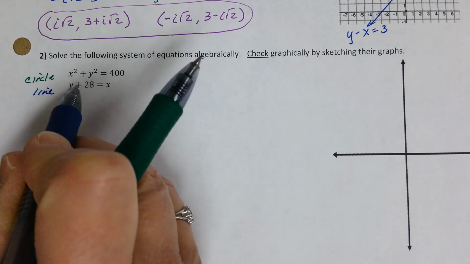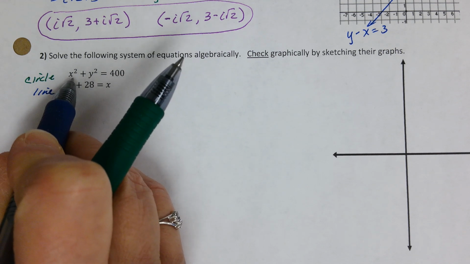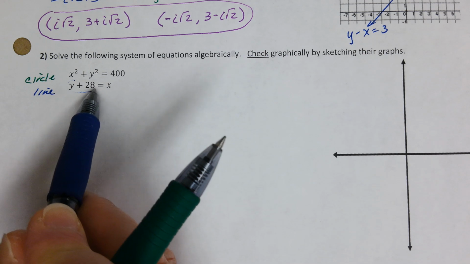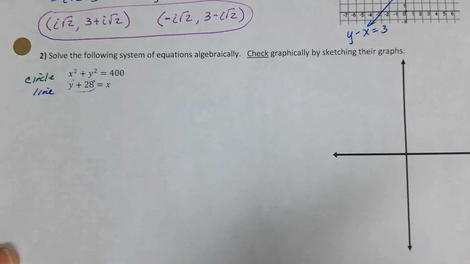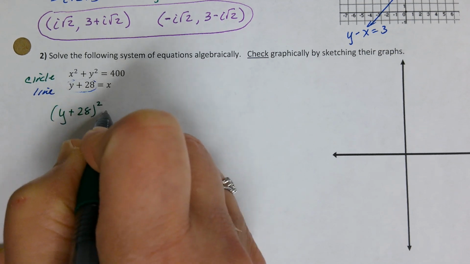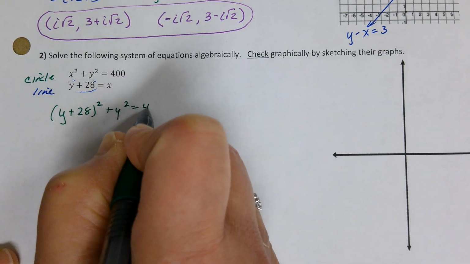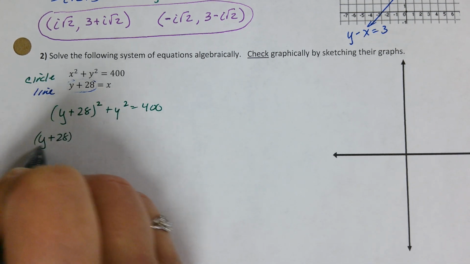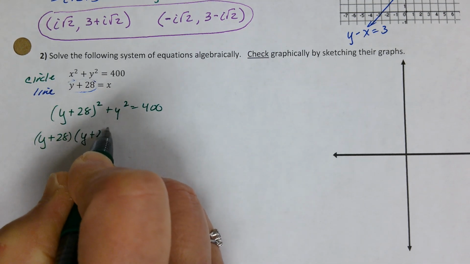Y plus 28 equals x. So let's simply take x squared of our circle and replace x with y plus 28. So I have y plus 28 squared plus y squared equals 400. Y plus 28 squared is y plus 28 times y plus 28.